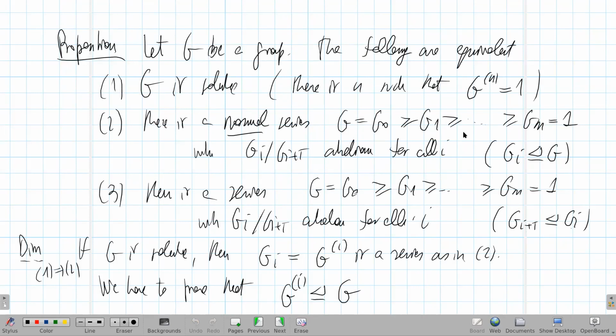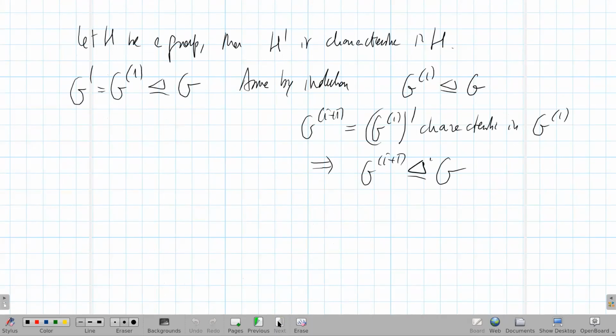I want to prove that there is a normal series with abelian quotients. We have proved that the terms of the derived series are indeed normal in G. And to show that the quotients are abelian, well, this is obvious.